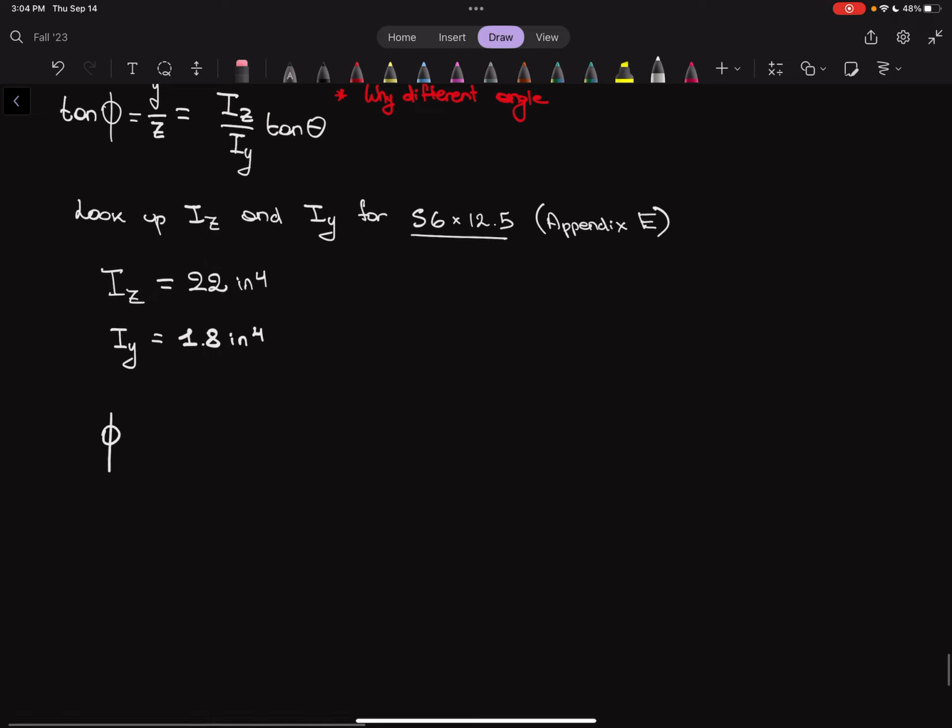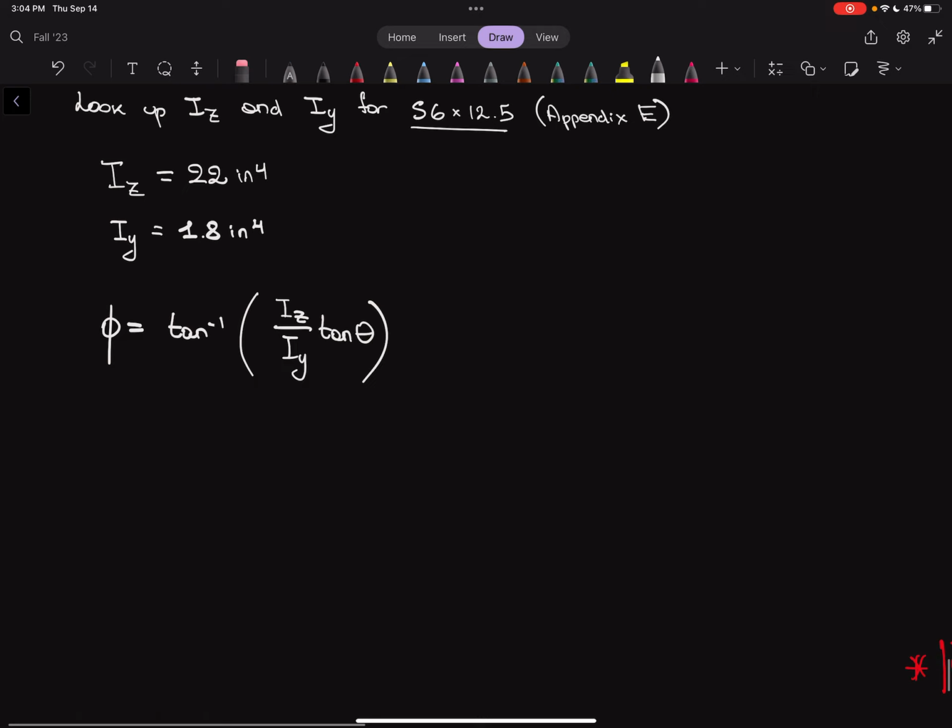Our phi is going to be equal to the tangent inverse of Iz over Iy tangent theta. And so the tangent inverse of 22 inches to the fourth divided by 1.8 inches to the fourth times the tangent of 70 degrees, that's going to give me an angle.